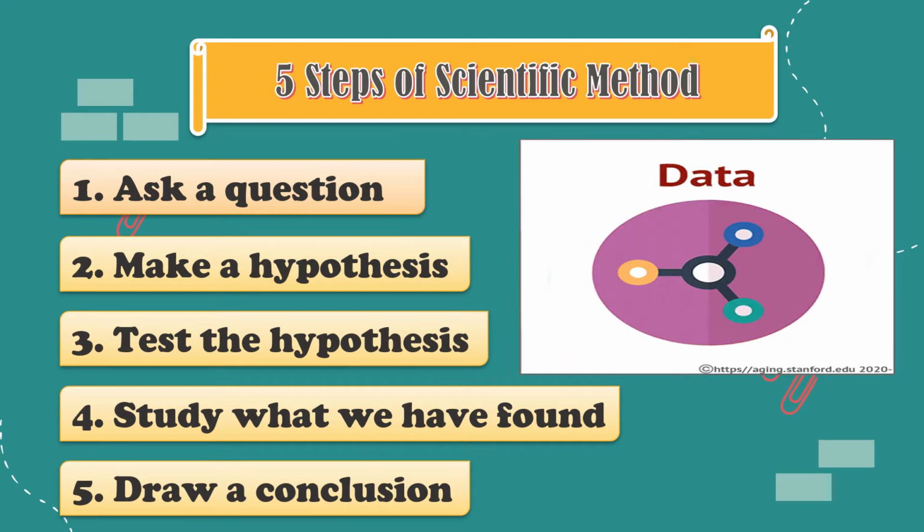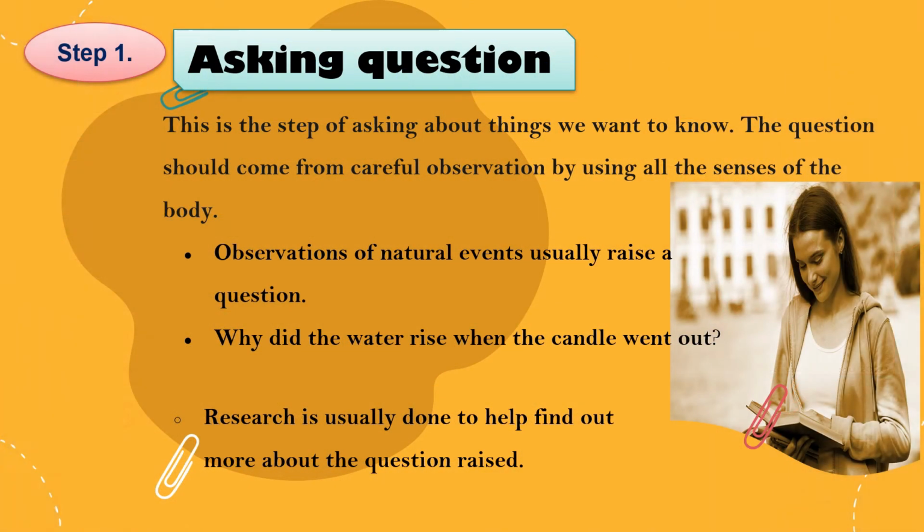Now, let's go. Steps. What are the steps? The first is asking a question. This is the step of asking about things we want to know. The question should come from careful observation by using all the senses of the body.